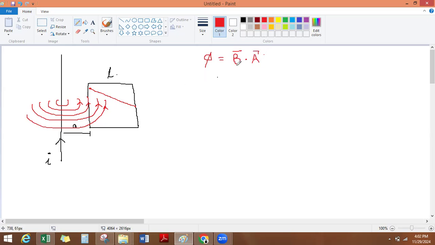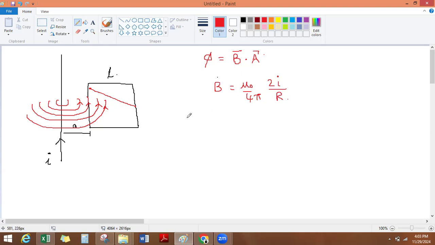This is true when the area and magnetic field are constant, but the area is constant here, while the magnetic field is dropping because of the distance, because you know that the magnetic field due to a wire is equal to mu naught by 4 pi, 2 I by R. Since the distance R is changing, the magnetic field will also be changing.